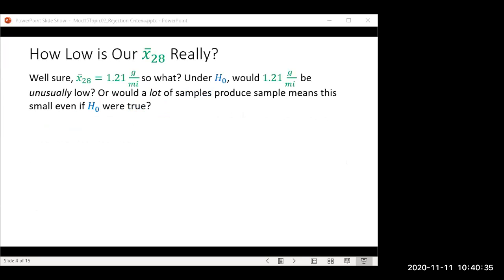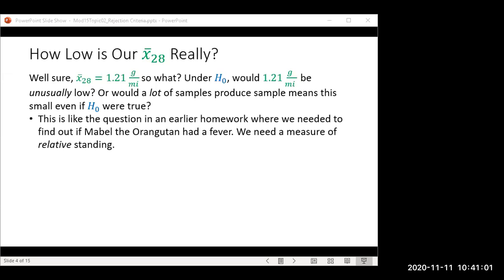So how low is it really? Sure, it's 1.21 grams per mile. So what? Under the null hypothesis, would that be unusually low? Or would a lot of samples produce sample means that small, even if the 1.45 was really the truth?